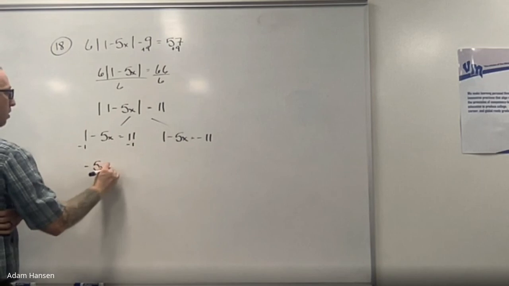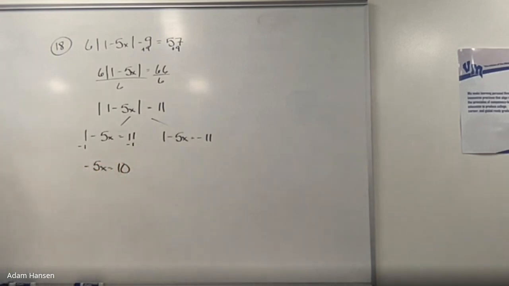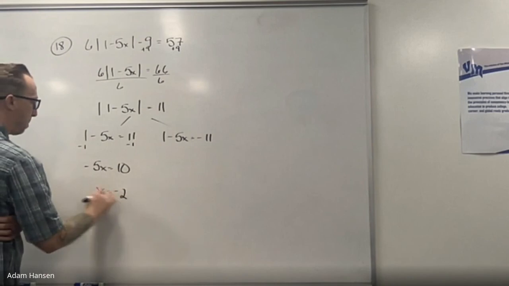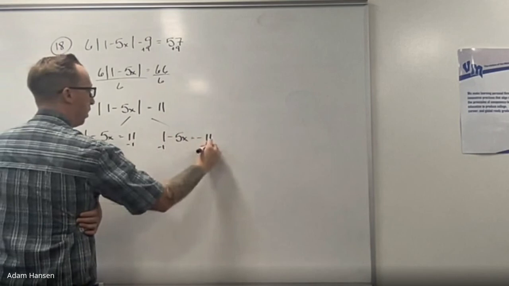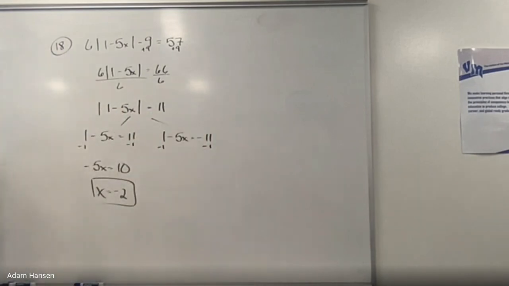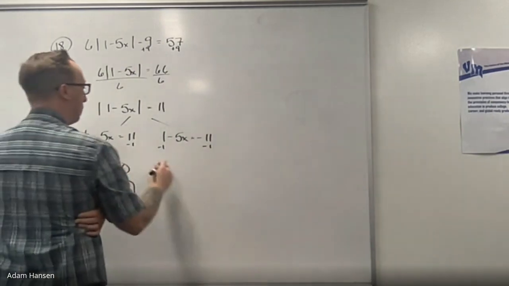Negative 5x equals positive 10. Negative 2, right? Yes. Would be negative 10 or negative 12. So when I subtract 1 from negative 11, here's Sophie's question: what's negative 11 minus 1? Negative 12, yep. It's got to go more negative, so further from 0.